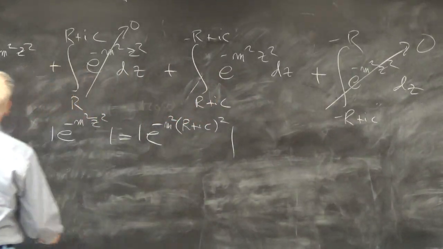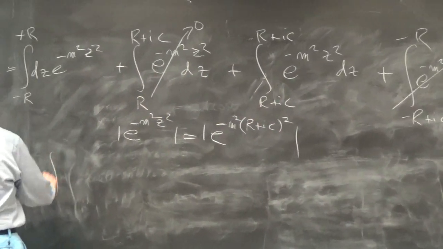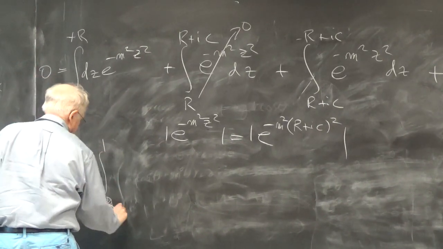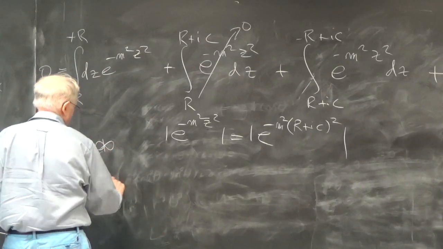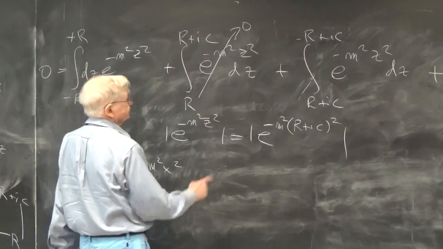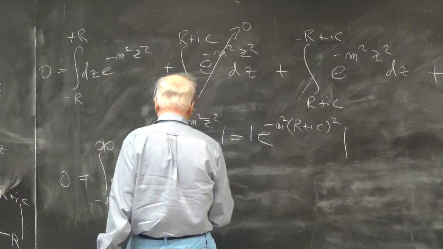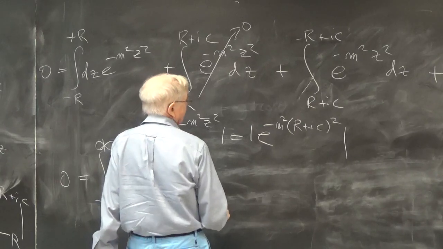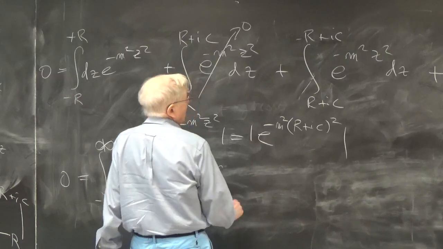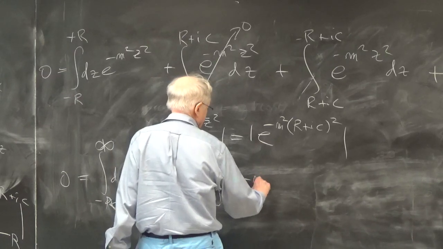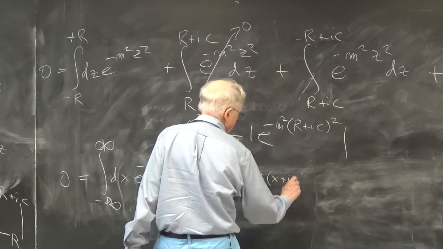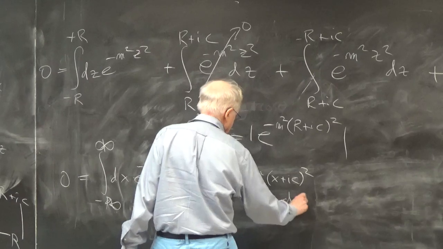And in fact, what we have here is that 0 is an integral from minus r to r, or minus infinity to plus infinity, of dx e to the minus m squared x squared. And then this term is plus an integral of e to the minus m squared (x plus ic) squared dx.